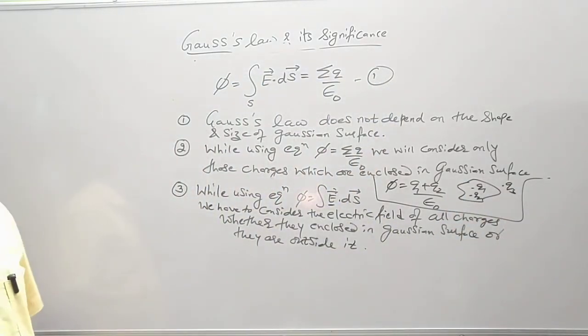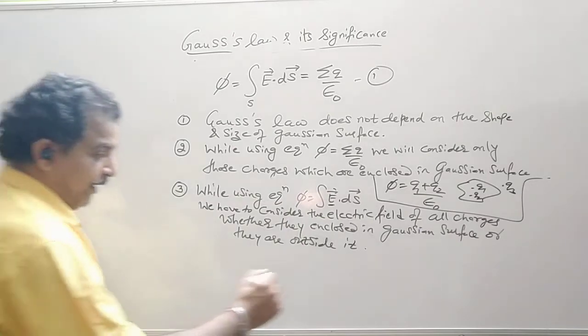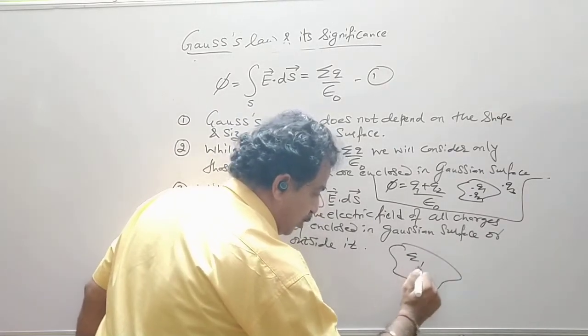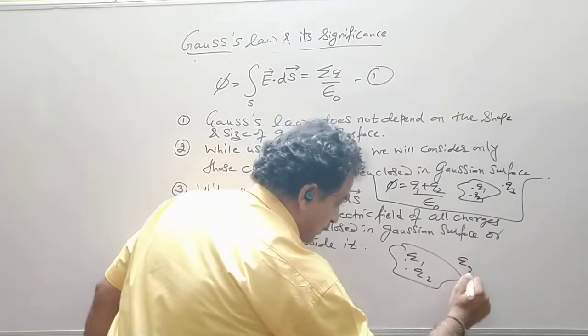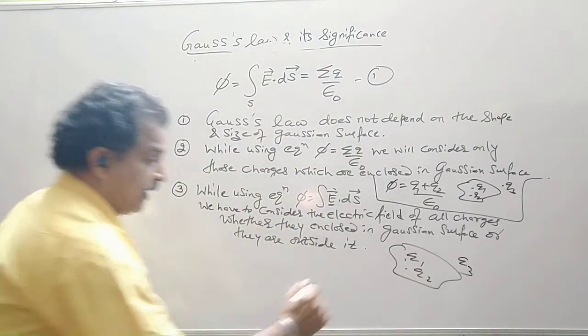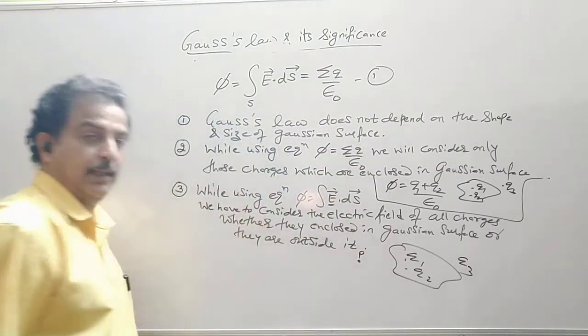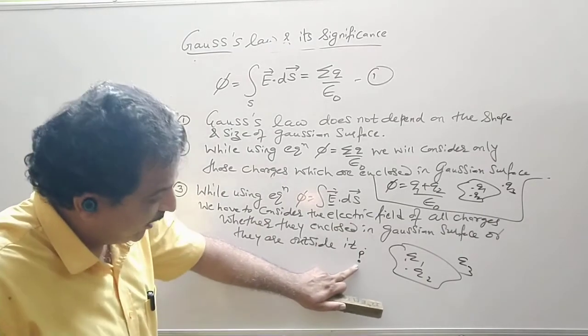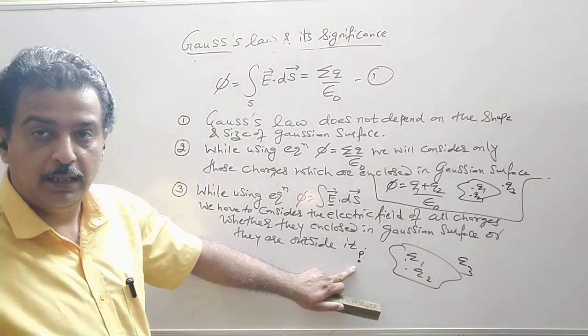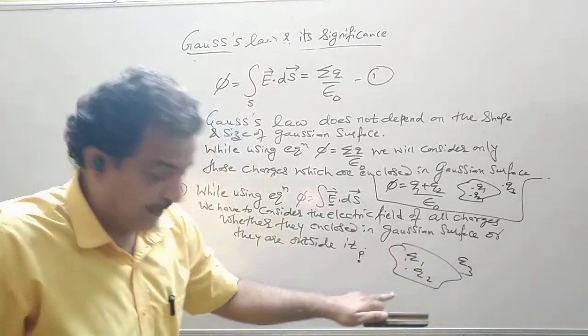All three charges are the source. So if I have to find out, suppose I take the same Gaussian surface, Q1, Q2, Q3, the electric field intensity at point P, all three are considered as a source.